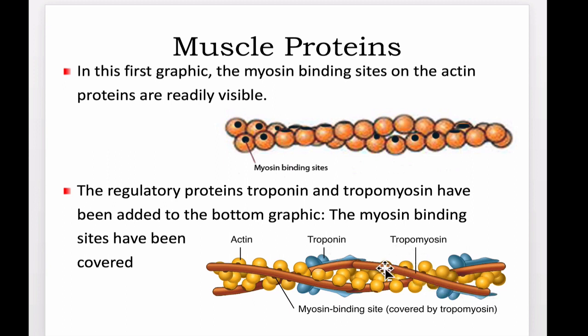Tropomyosin is this long protein that is sitting and interacting with actin and blocking those myosin binding sites, whereas troponin is a calcium-sensitive protein. So when troponin is not bound to calcium, tropomyosin is blocking these actin binding sites.